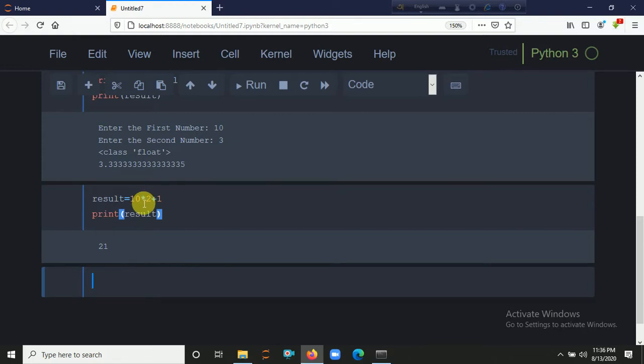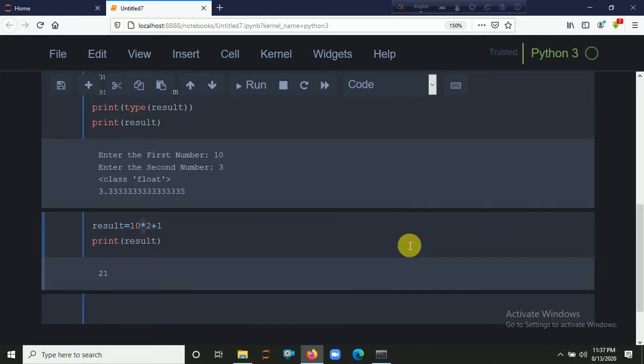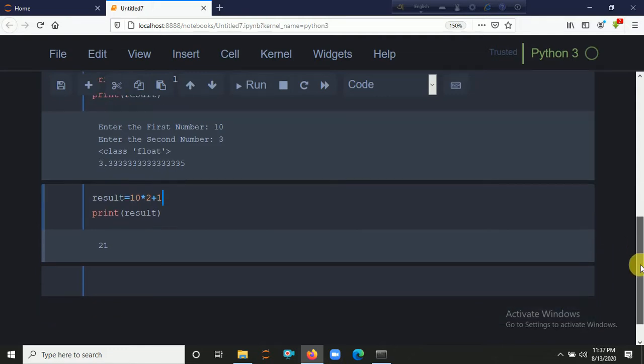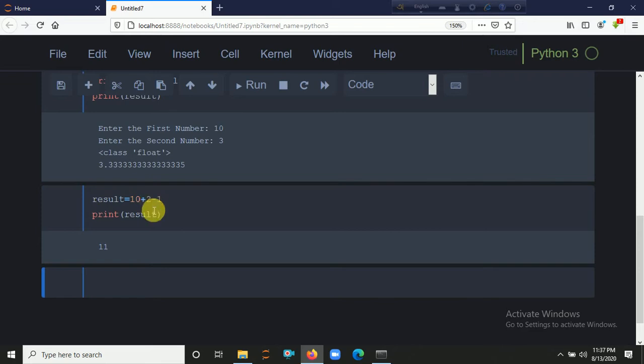Actually, multiplication has high priority, I mean high precedence, so it will be performed first. 10 multiplied by 2 is 20, and 20 plus 1 is 21. If I put positive and negative here, you can see 11: 10 plus 2 minus 1 is 11.